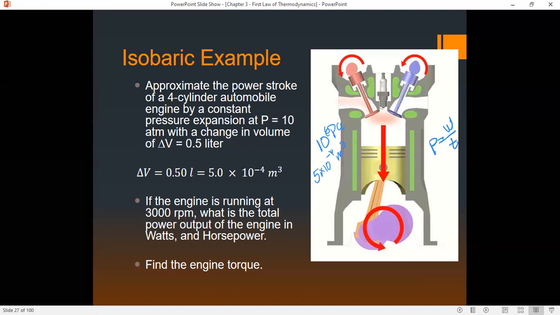Work equals pressure times change in volume. And we need to find out how often one of these cylinders fires, okay? Given 3,000 RPMs, that's roughly 50 rotations per second. Okay, let's do this.